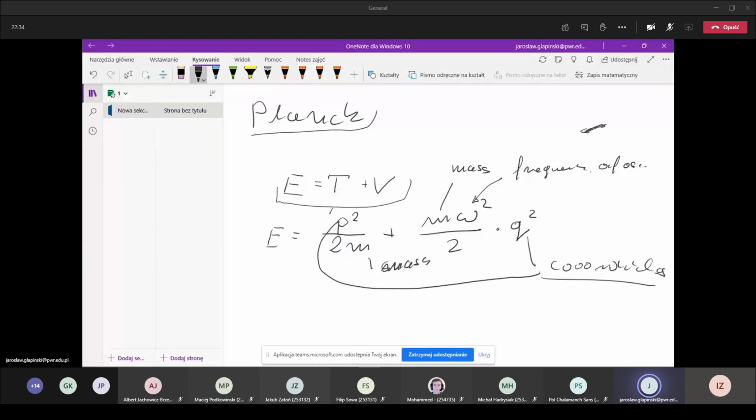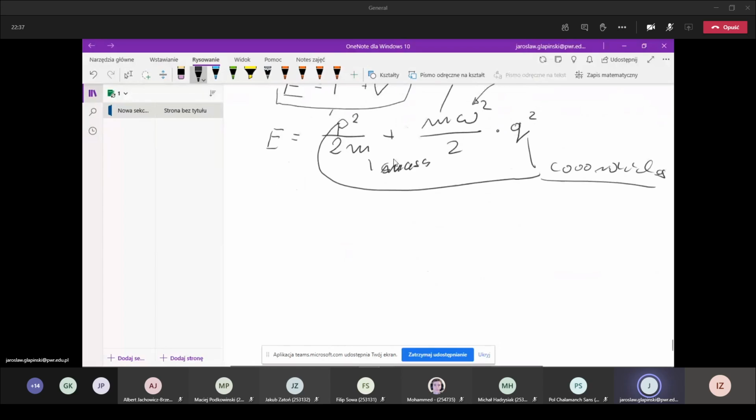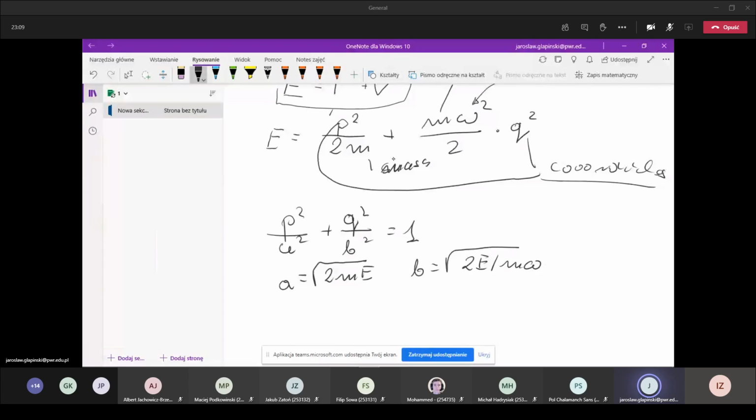Okay, so if we change this equation, if we set that A is equal to B, and convert this equation of energy into this one, we can see that this is the equation of an ellipse.